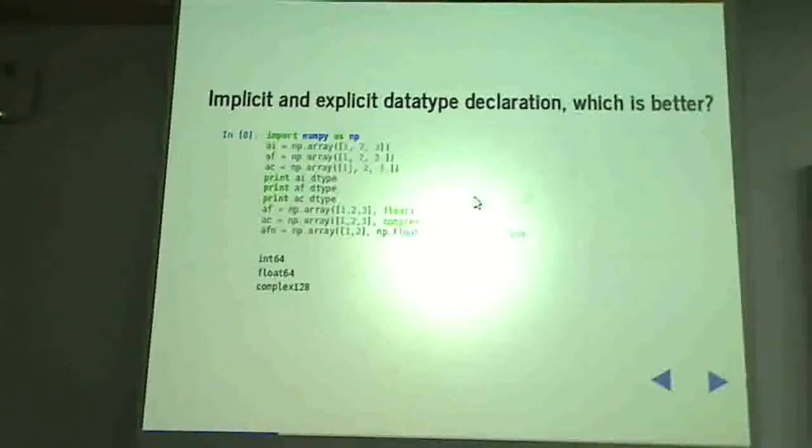Many bugs occur when what you think is an integer turns out to be a float or vice versa. You can do something like this: np.array, give the list and say this is float. Now although the arguments are all integers, the data type of this object will be a float.